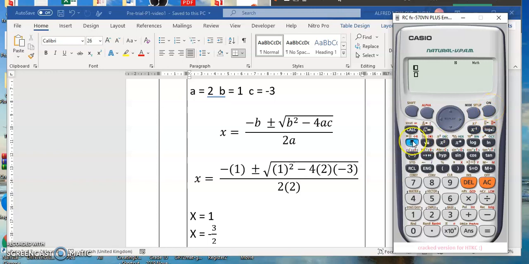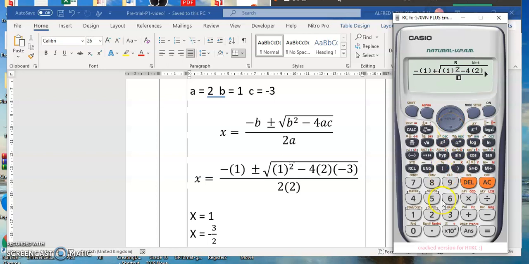So first you press this one, then your minus, your bracket, 1. For this, we cannot place plus or minus at the same time, so first you deal with plus, then the square root, bracket, 1, bracket squared, minus 4, then 2, then minus 3.